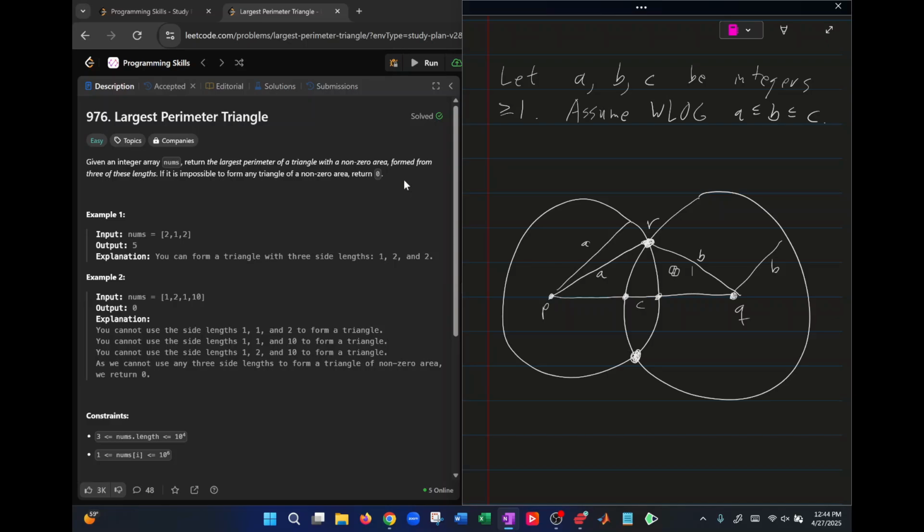Now, thinking about this, if we were to implement this, this would be very computationally intensive because you would need to consider every triple, every combination of three elements of the array nums.